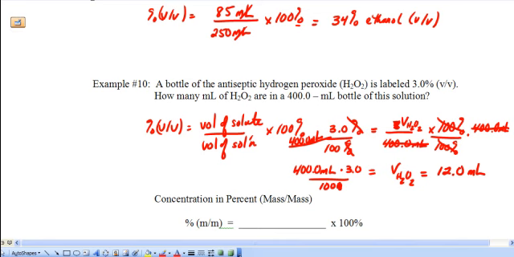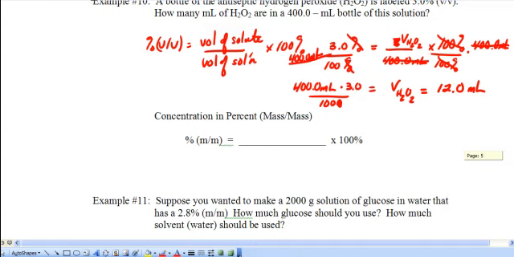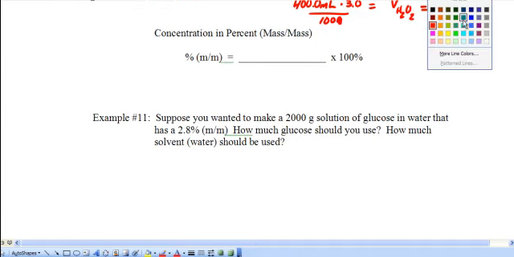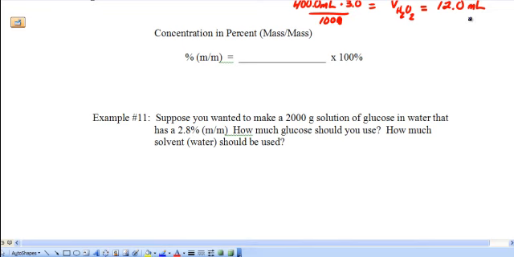Now the other way that you can express concentration is by mass, and sometimes that's a little more useful way of doing it. Let's go ahead and do this in blue. The percent mass will be similar. It's going to be the mass of the solute divided by the mass of the solution times 100%.